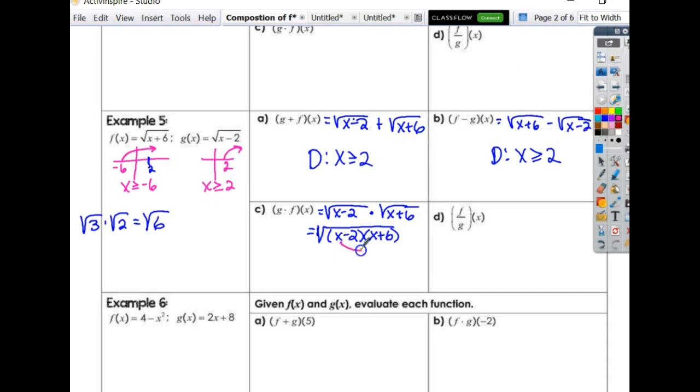And when I multiply x times x, I just multiplied the binomials. And then what's the restriction on the domain? It's this one.